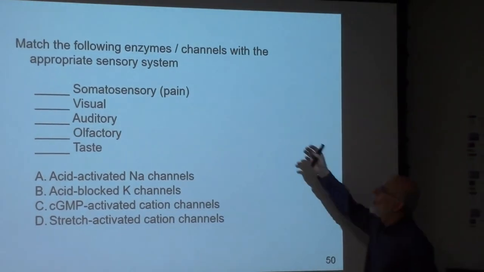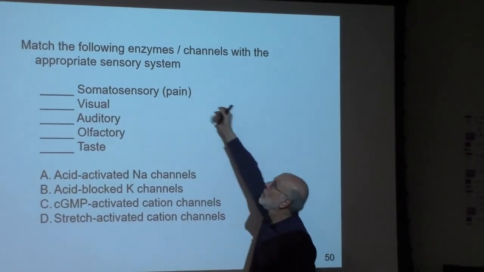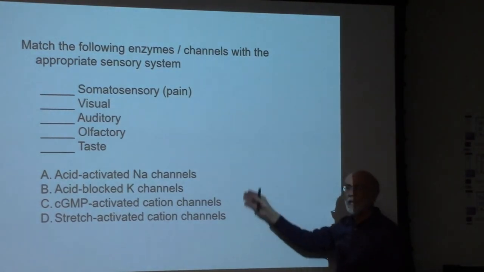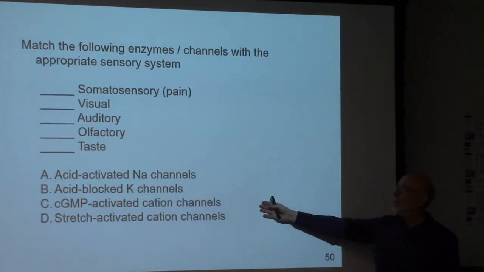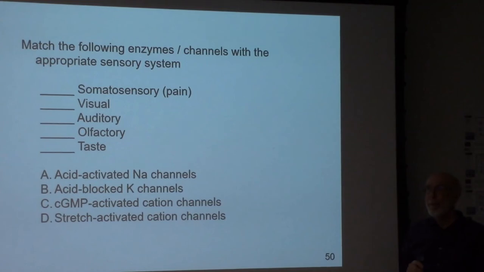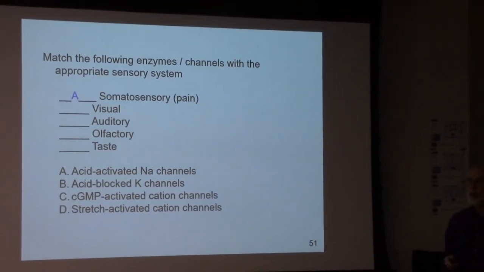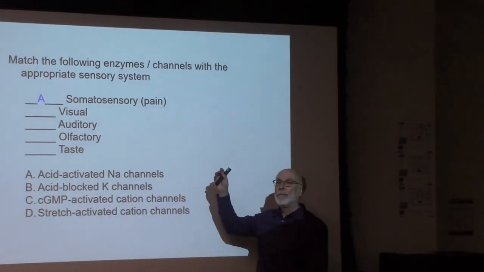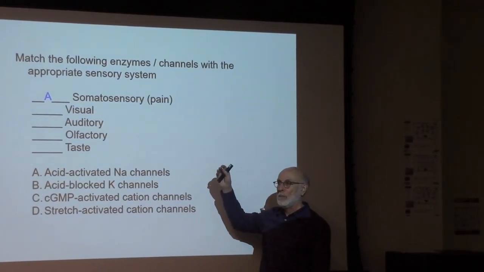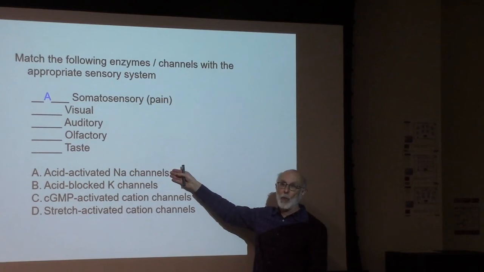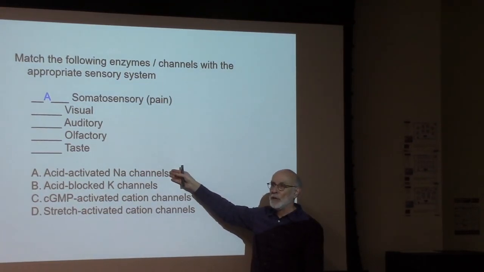Pain sensation is associated with which of these? Pain sensation is really most associated with this: one of the ways that we detect pain is by detecting the acid associated with tissue damage.